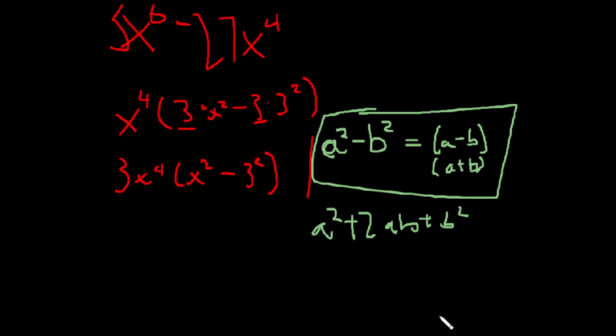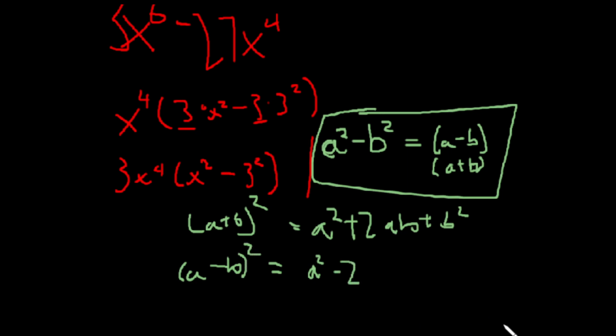So a plus b squared, and then a minus b squared is usually a squared minus 2ab plus b squared, right?